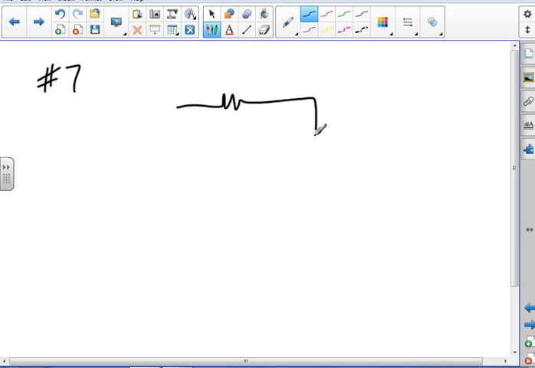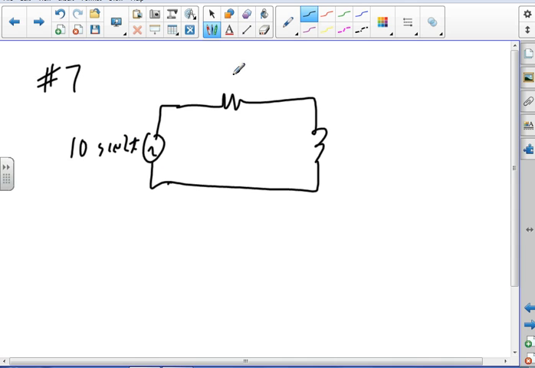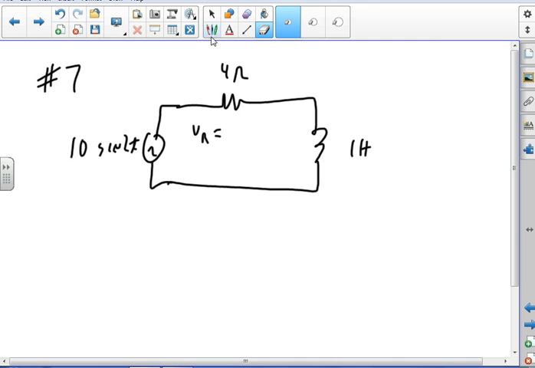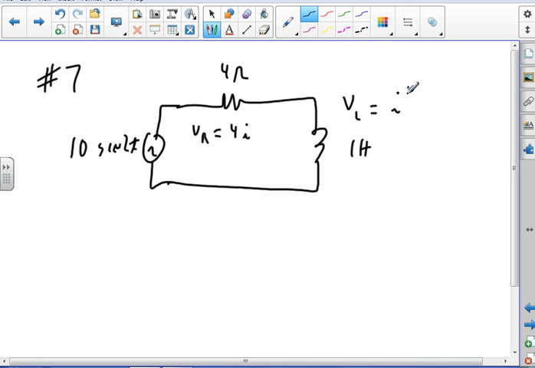So I got a resistor, and I have an inductor, and I have a voltage source. And the voltage source is 10 sine 2t. And the resistor is 4 ohms, and the inductor is 1 Henry, and the voltage across the resistor is IR, which is the same as 4I, and the voltage across the inductor is I prime L, and L is 1.